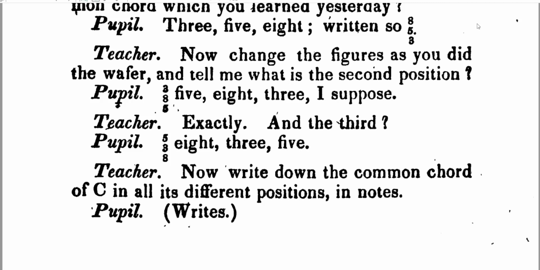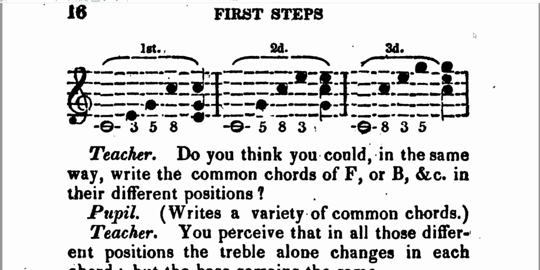Now, write down the common chord of C in all its different positions in notes, and the pupil then writes. So here we have the example with C, 3, 5, and the octave.